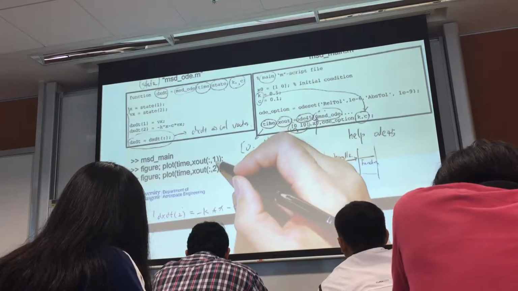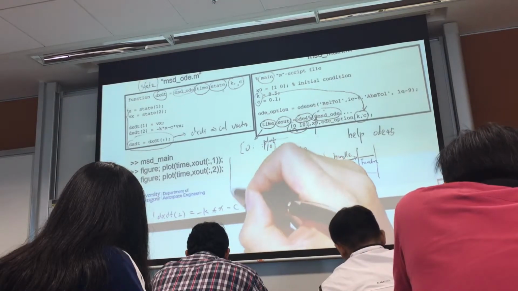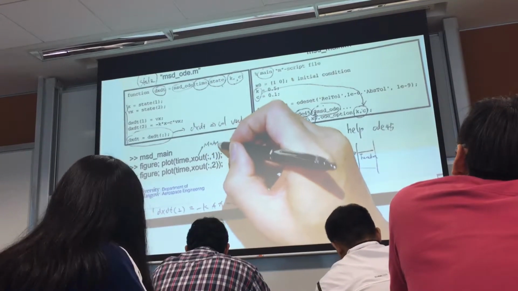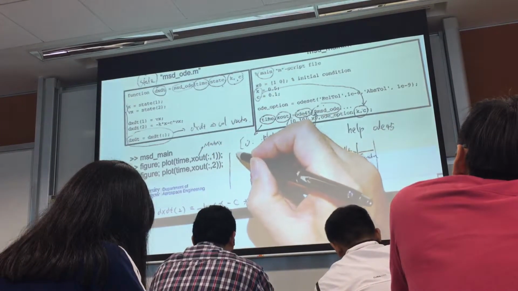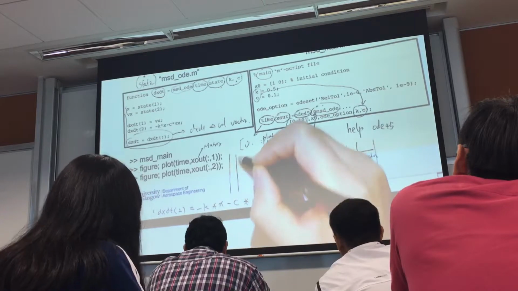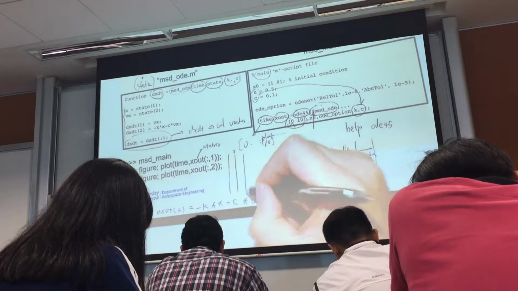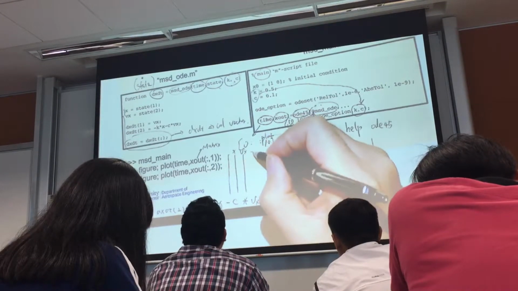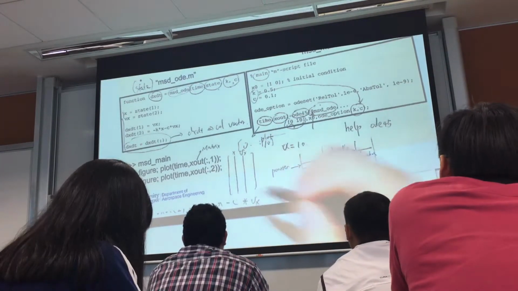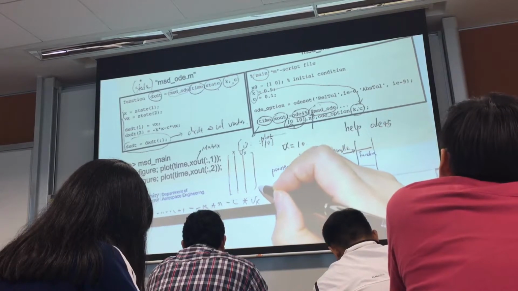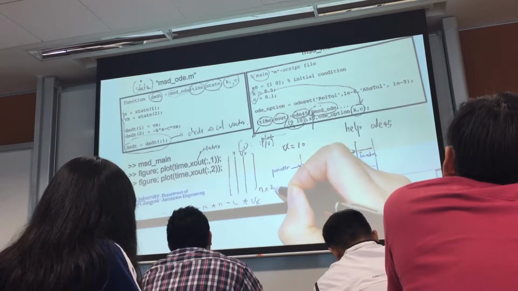So you know this x out will be a matrix. The first column will be your x, and the second column will be your vx. You can think of this as, for example, n multiplied by 2.